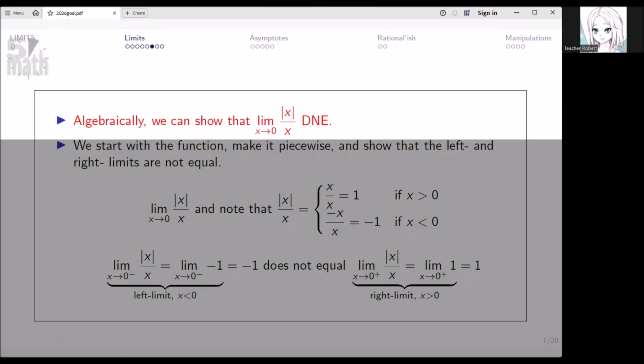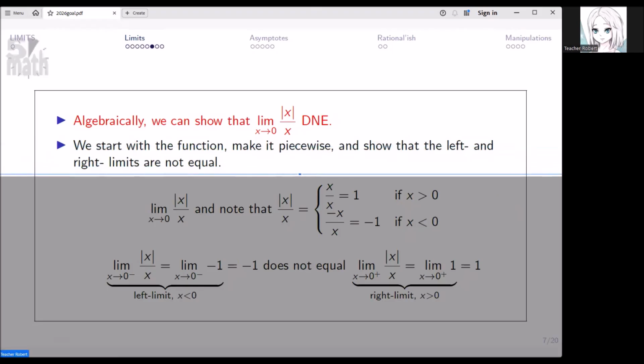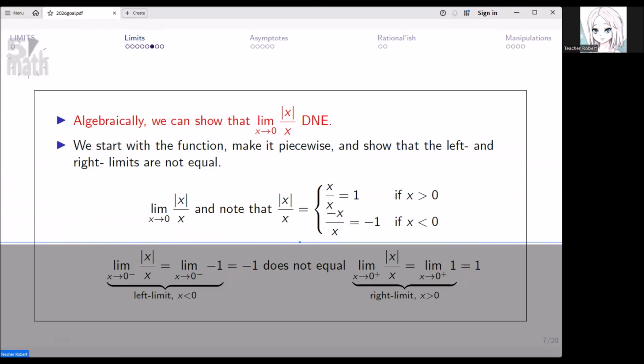Algebraically, we can show that the limit as x approaches 0 of absolute value of x over x does not exist. We start with the function, make it piecewise, and show that the left and right limits are not equal. Limit as x approaches 0 of absolute value x over x, and note that absolute value x over x equals this.